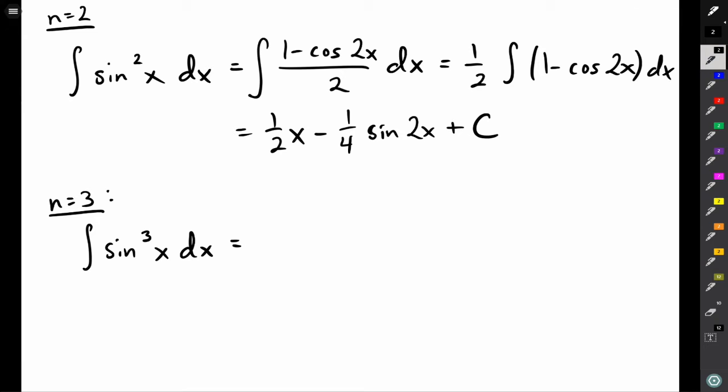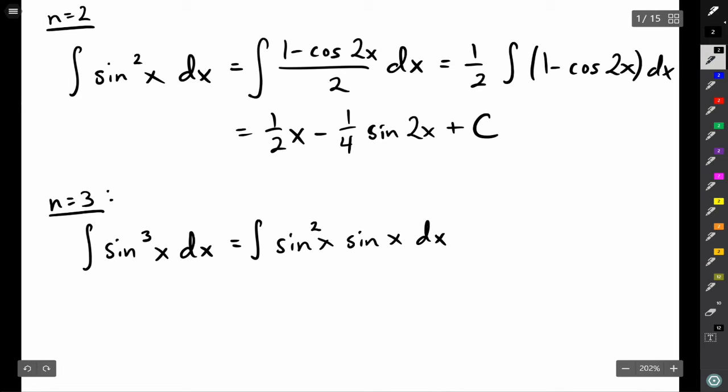So if we have this, what we're going to do is split off one of those sines from the rest of them. So let me put the square in the first one here. Right? I'm going to split off that first one copy of sine from the rest.